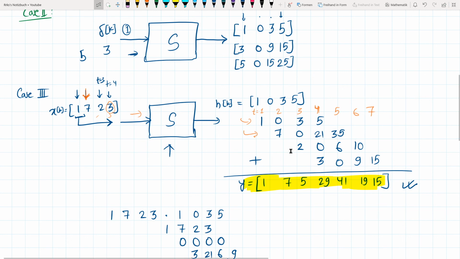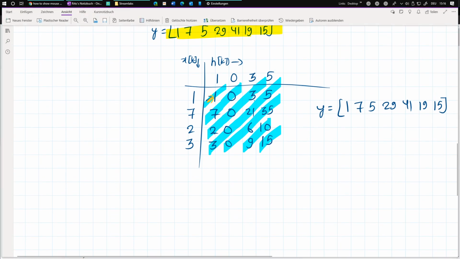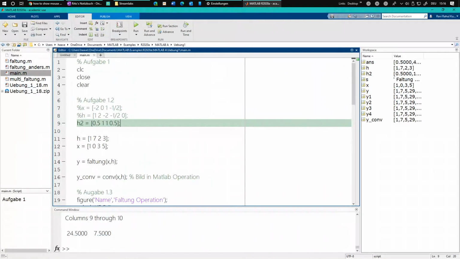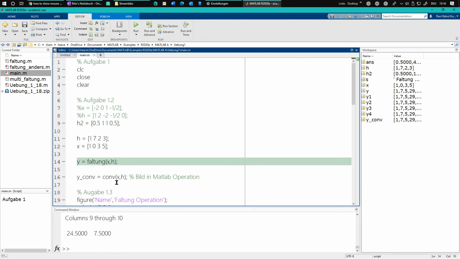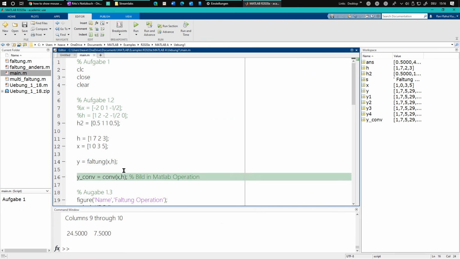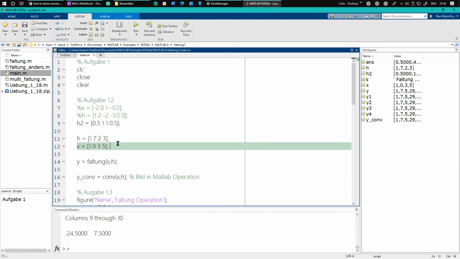I have written the same input signal in MATLAB. Let me try to show you here. So this is my own function, and this is the built-in MATLAB function. So I have the same input signal x and the same impulse response h here.